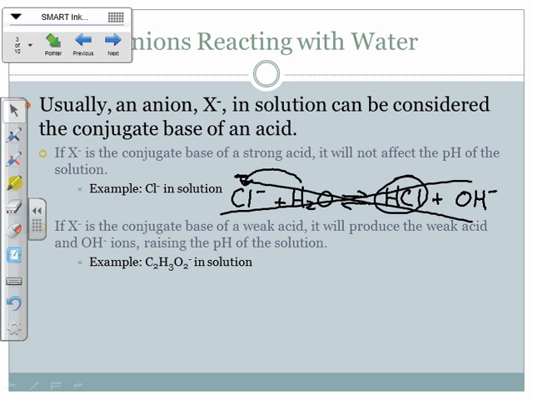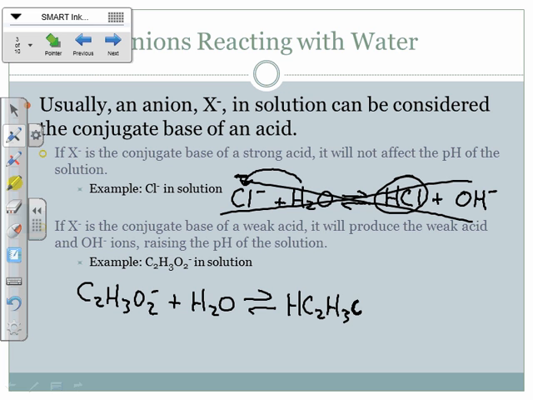Now, if X minus is the conjugate base of a weak acid, then that actually can happen. An example of that is acetate in solution. You've got C2H3O2 minus. When that combines with H2O, you're going to end up with HC2H3O2 plus OH minus.